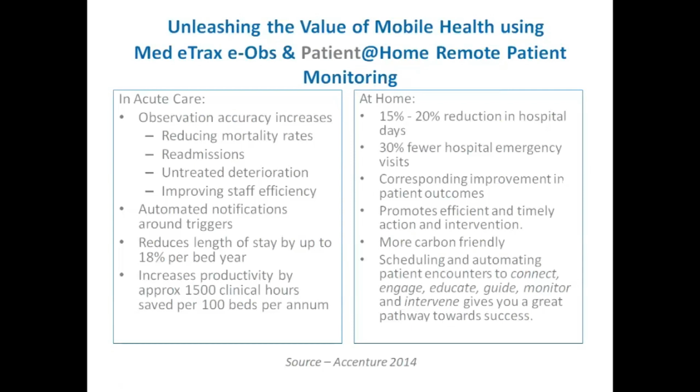It's also more carbon friendly, as we're not having people driving around to outpatient clinics and A&E, and staff visiting patients unnecessarily. And it allows staff to look at the data that's coming in and proactively schedule their patients based on their clinical need, rather than just based on the care plan process that's in place at the moment.